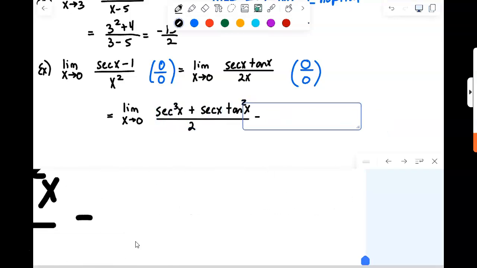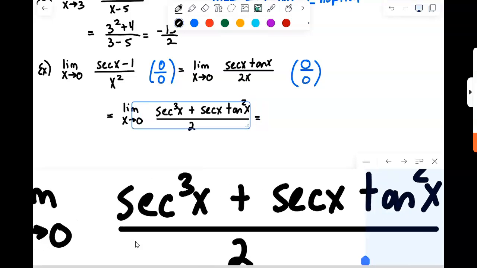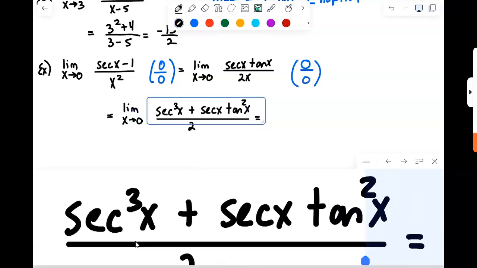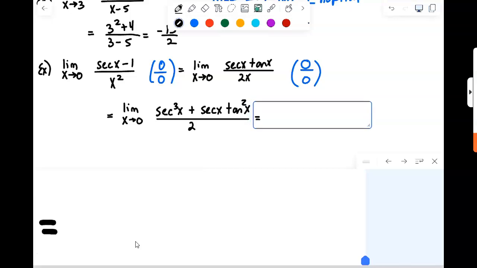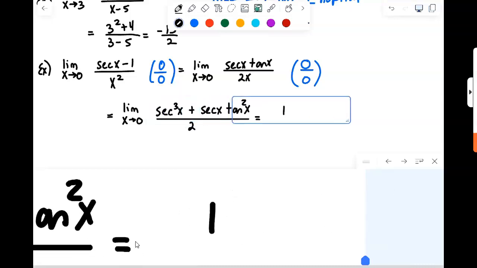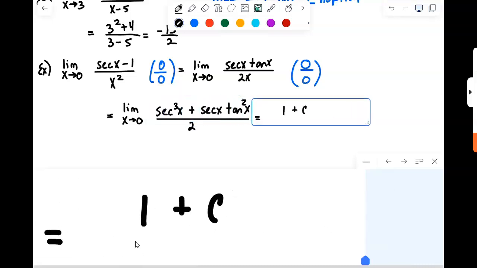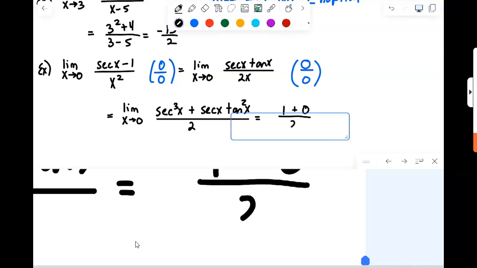So we allow x to become 0. Secant of 0 is 1. 1 cubed is 1. Secant is 1. Tangent is 0. So that's going to be plus 0, all over 2.